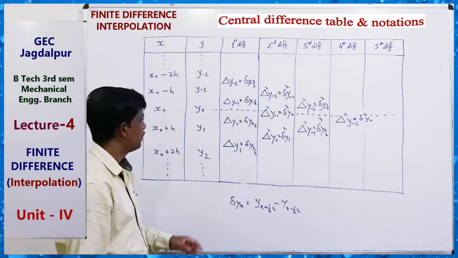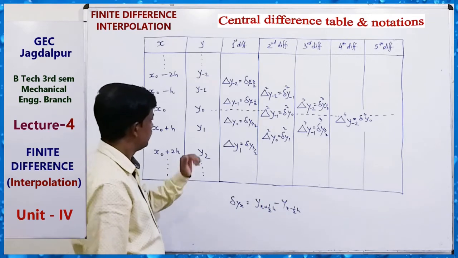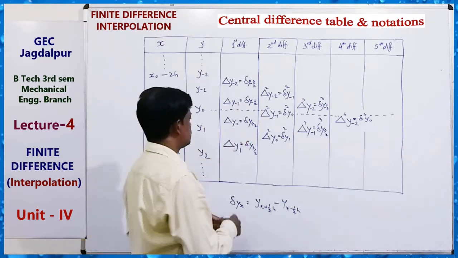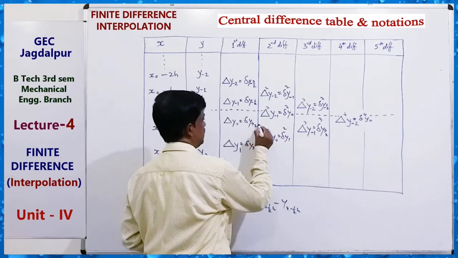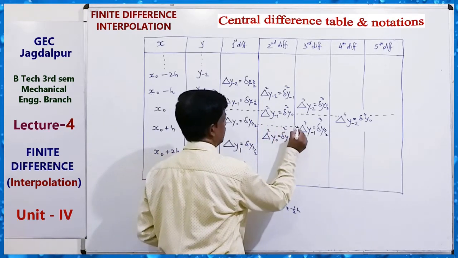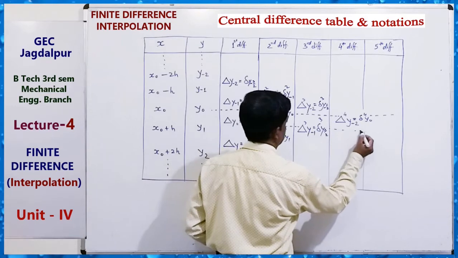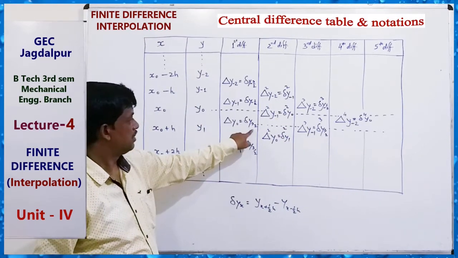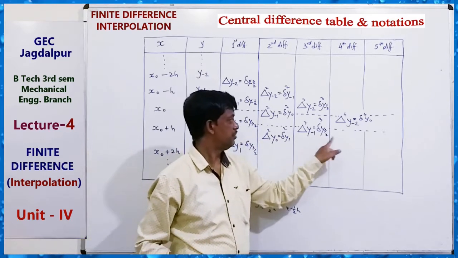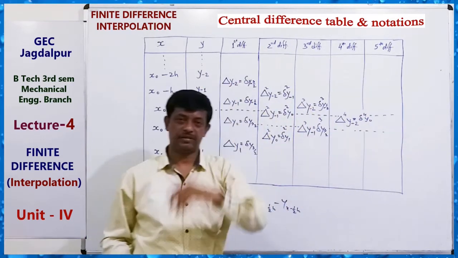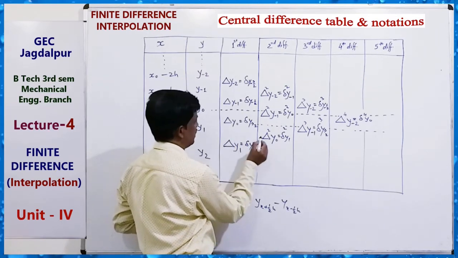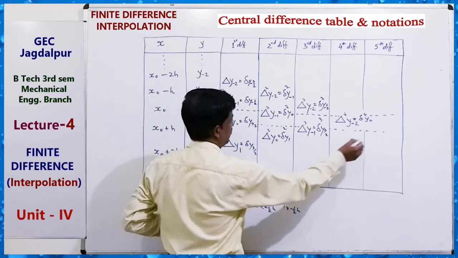And now, just after 1, you can also see the central difference, from here, half, half, half, and so on. Here you can see from this line 1 and 1.